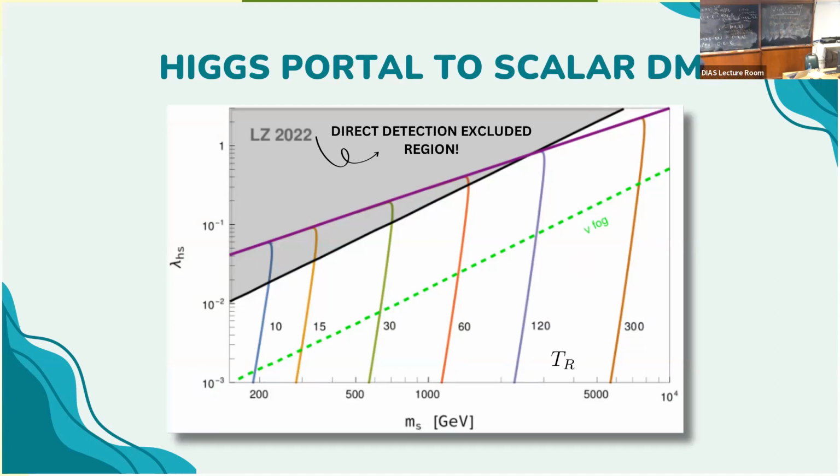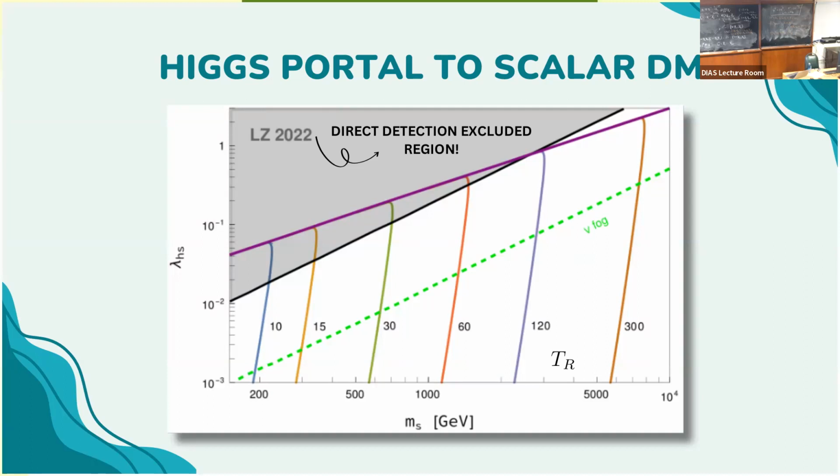If you remember, I was saying at the beginning that for freeze-in Higgs portal, the coupling normally needs to be 10 to the minus 10, so down there. But as you can see here, we're presenting couplings of the order that you would expect for a freeze-out dark matter, so 10 to the minus 2, 10 to the minus 1. And these are the masses.